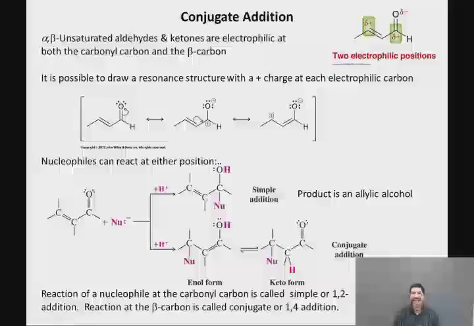This reaction is called conjugate addition and is sometimes called 1,4 addition. The term 1,4 addition comes from the fact that the initial product you get after conjugate addition is an enol, and the nucleophile and the hydrogen that gets put on are spaced 4 atoms apart instead of being spaced 2 atoms apart. Those are clearly indicated in pink on this diagram.